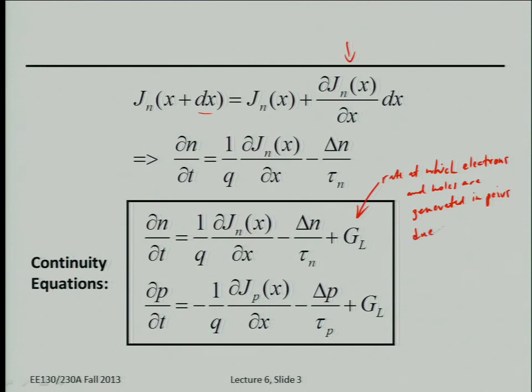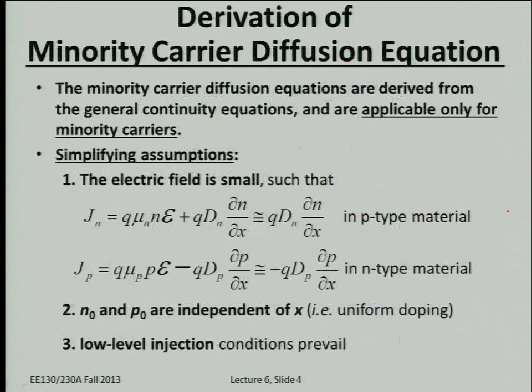So you can basically do the same thing for holes as for electrons, but it's just conservation of the number of electrons and holes. So those are the general continuity equations.